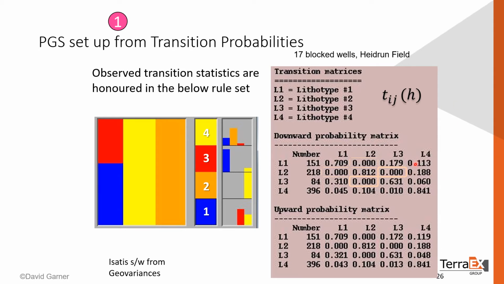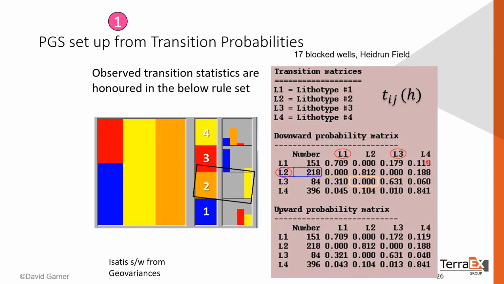And so in facies 1 here, it transitions into red and yellow, but it doesn't have any transitions into orange. It's 0 here. So it transitions mostly into itself and then into the others there.